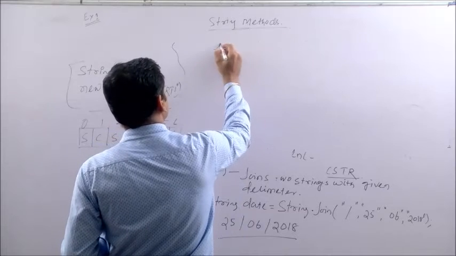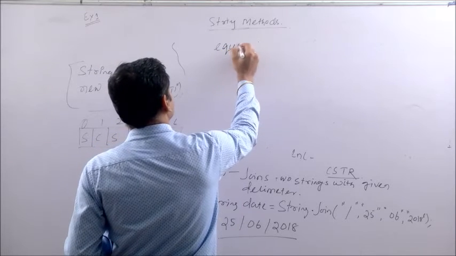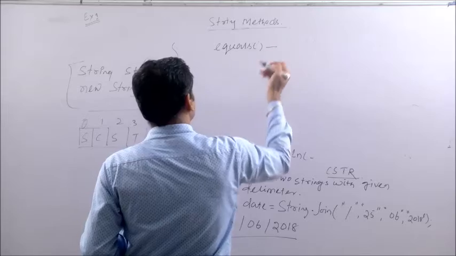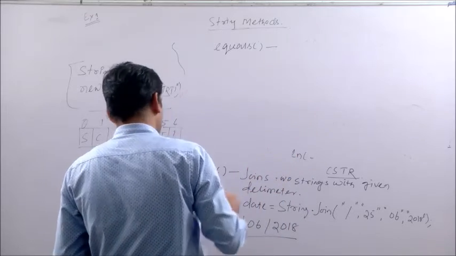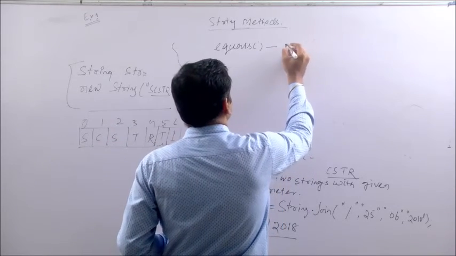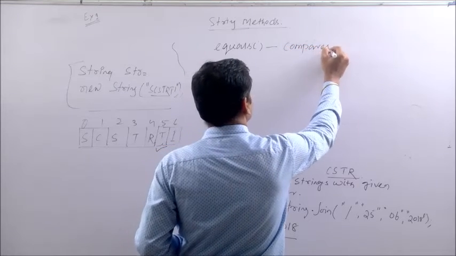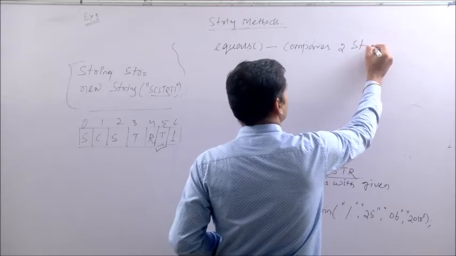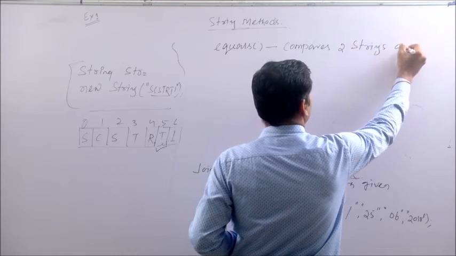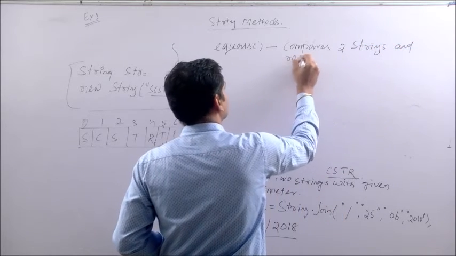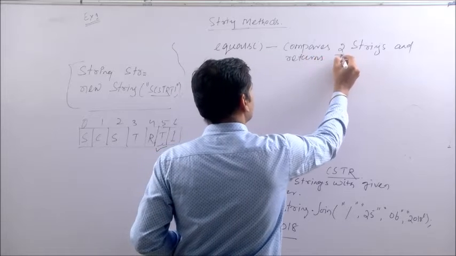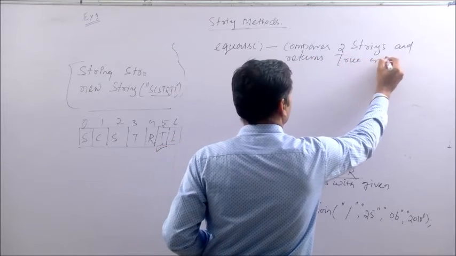Equals. Another string method is equals. It compares two strings and returns true or false.